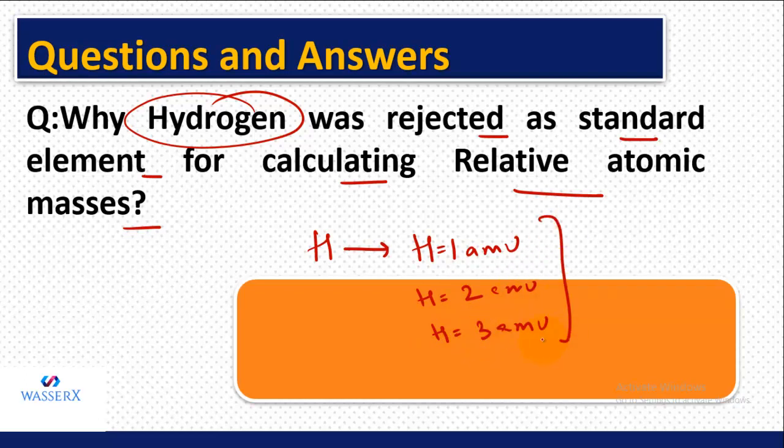So these are the different forms. We cannot take different atomic masses. We need a form with a standard atomic mass. And if we try to calculate the average mass of these forms, it came out to be a fraction, that is 1.008 AMU. So in order to avoid any difficulty in calculating the masses, it was rejected and replaced by carbon 12. That is the reason hydrogen was rejected as a standard element for calculating the relative atomic mass.